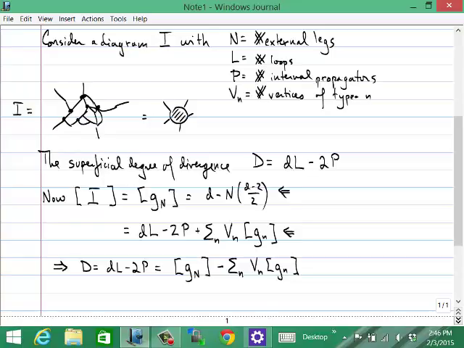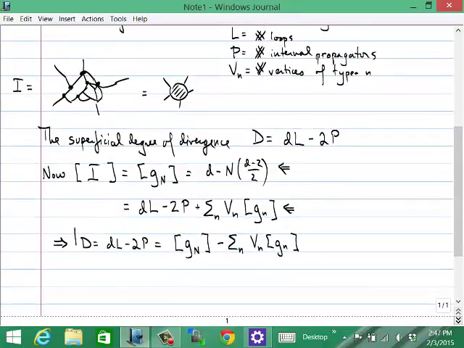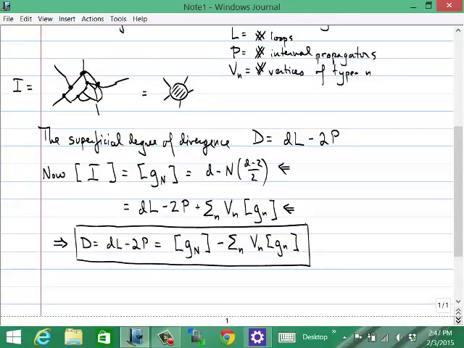Okay, so let's just stare at that for a second. So this is the equation that we're after. This tells us under what circumstances your diagrams can be divergent. So first, let's think about the following.